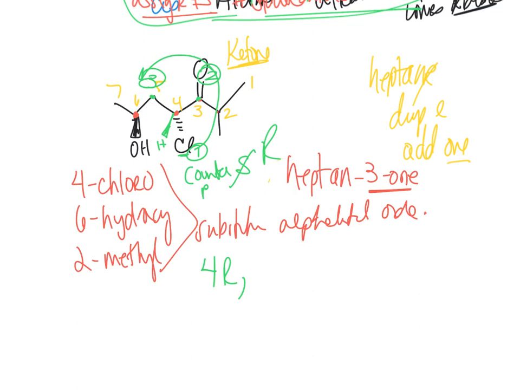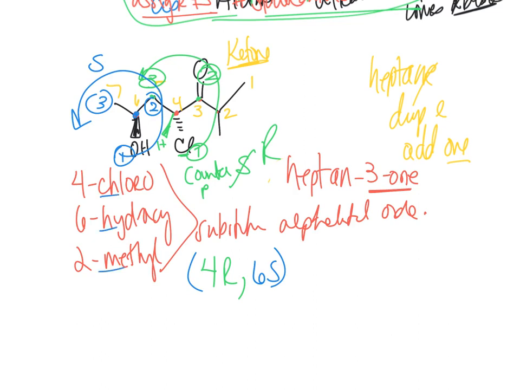And then we do the 6. This is a 1 with the OH. 2, 3. So your priorities 1, 2, 3. Hydrogen's in back, so S stays S. So that would be 6S, in parentheses.